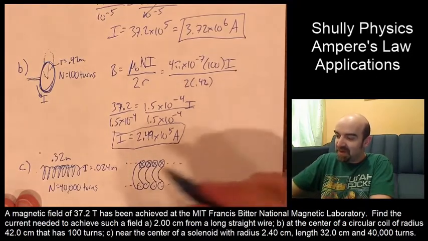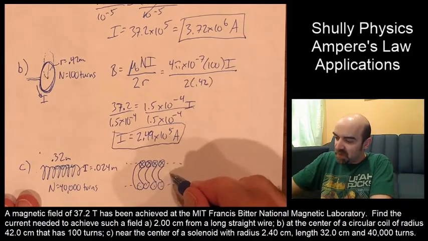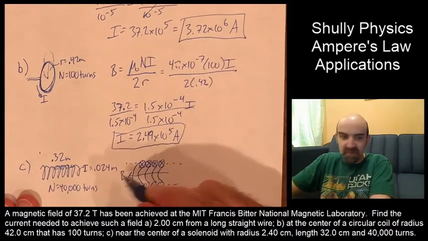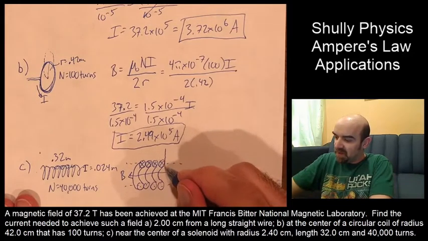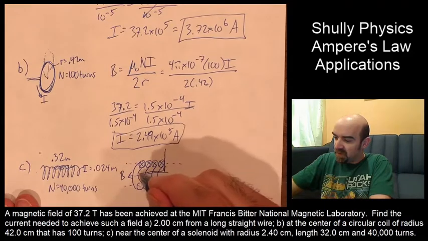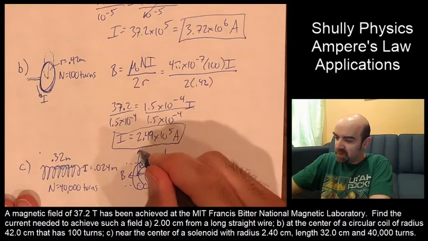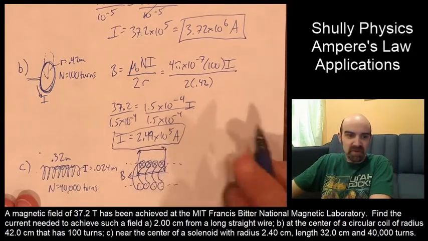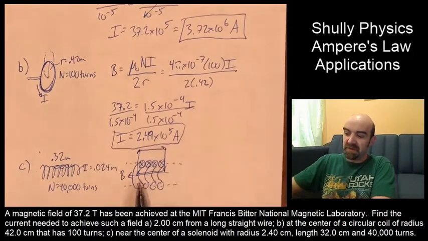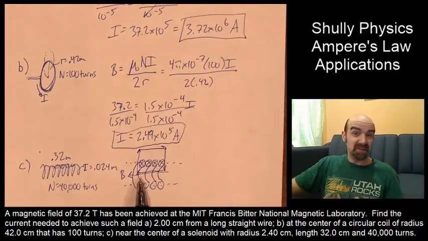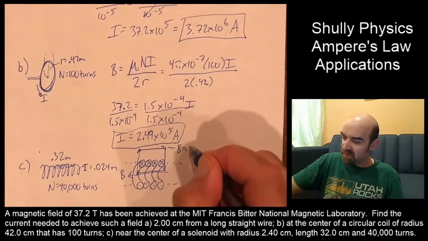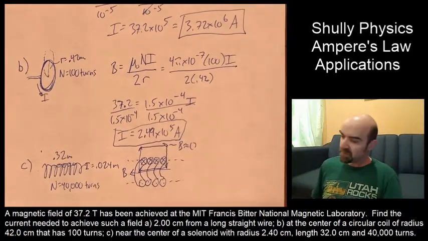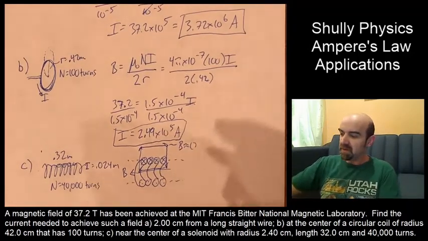Now my path I'm going to take, because there's a nice constant magnetic field within this solenoid, the path I'm going to take is down here, around, straight up, and over. And the reason for that is that there's a nice strong, constant magnetic field near the center of the solenoid, but out at the edge here, the magnetic field is about 0. All right.